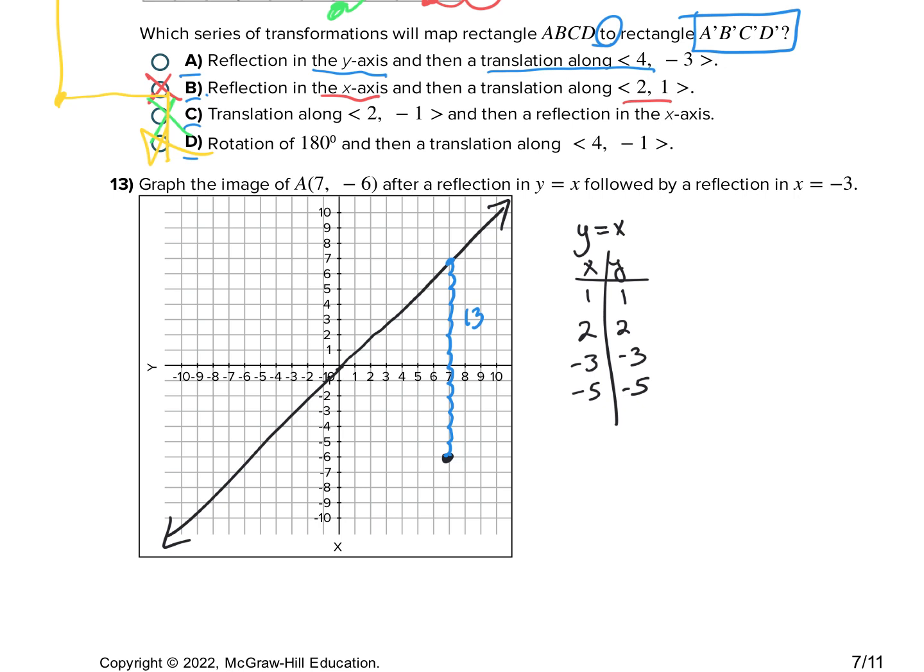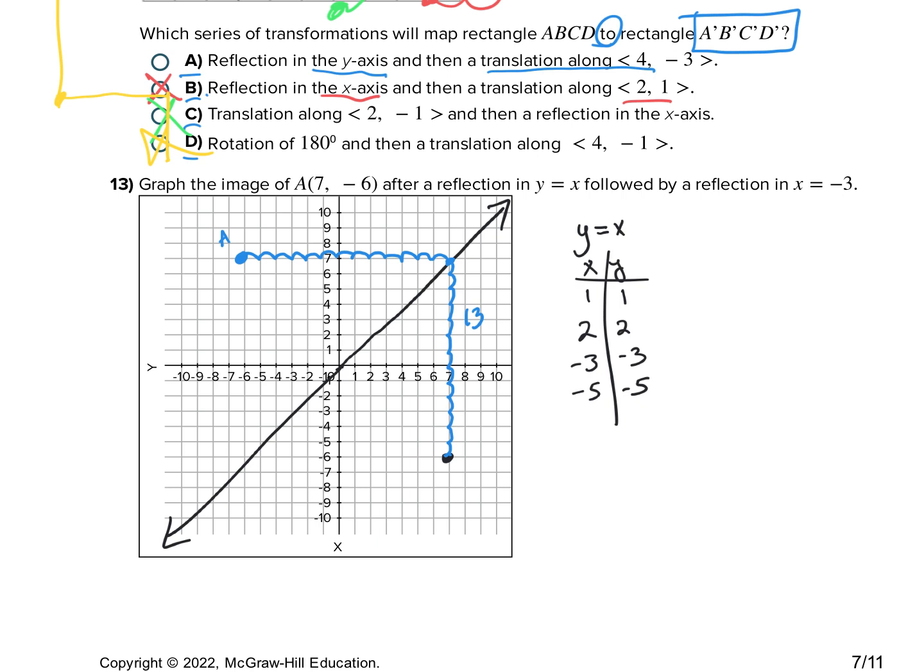Now, could I have gone left first and then up? Sure, I could have. It doesn't matter. You still end up in the same spot. But I need to go 13. 1, 2, 3, 4, 5, 6, 7, 8, 9, 10, 11, 12, 13. So that puts me here.